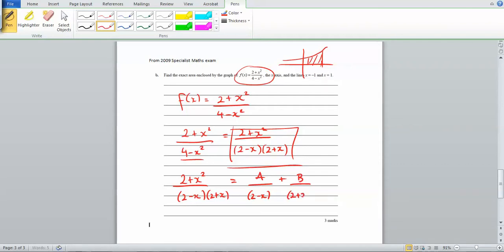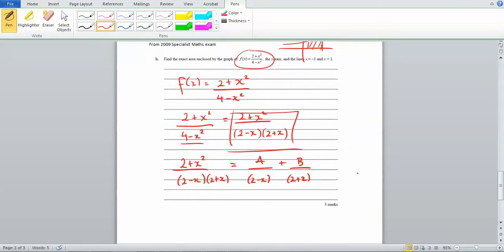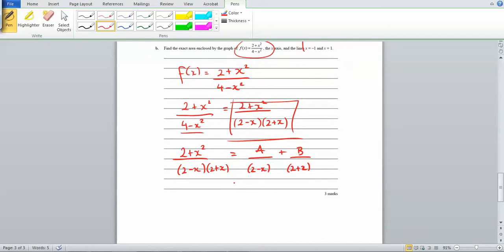There are various forms of partial fractions. This is the first one we're going to look at. So the first step of this exam question from the 2009 Year 12 Specialist exam is to convert into partial fractions. How do we do that?